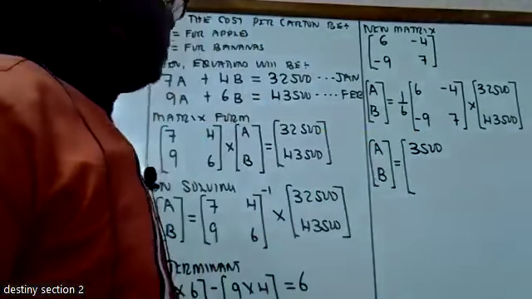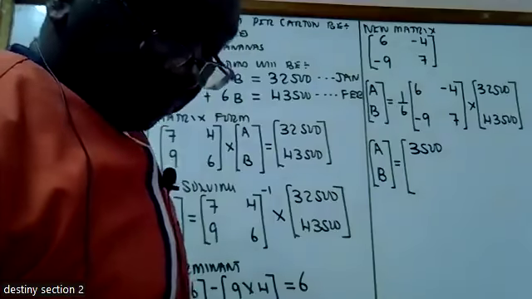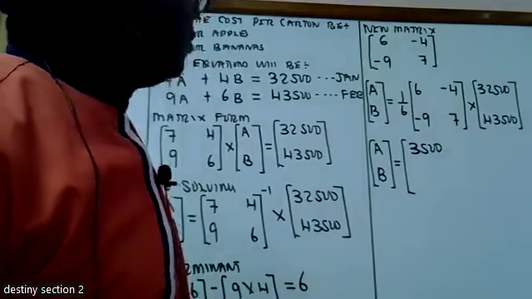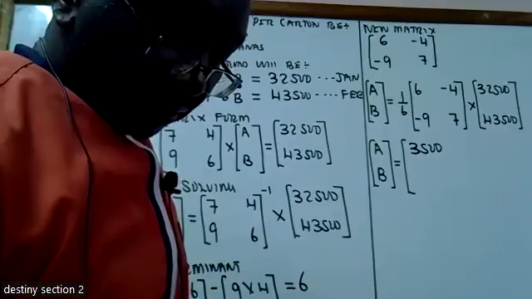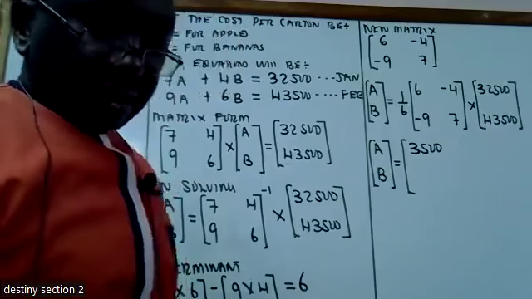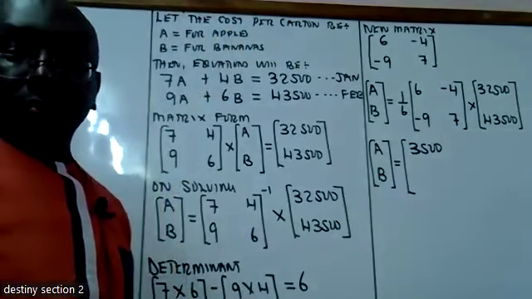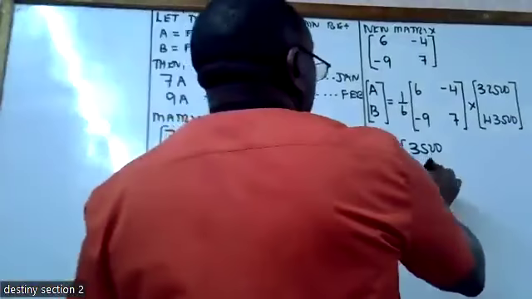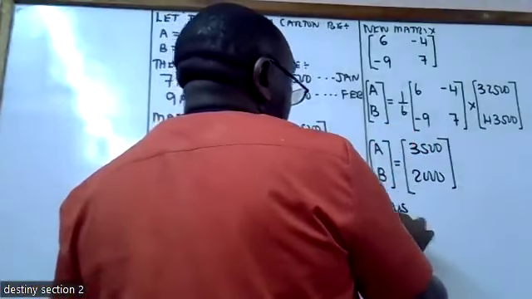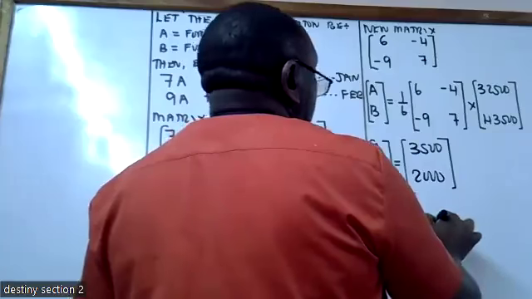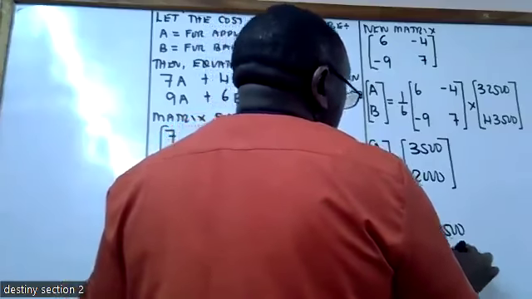Now the other one: minus 9 times 2,500 plus 7 times 43,500 equals. You divide by 6. Send me the answer. 2,000. That's A is Kenya shillings 3,500, and B is Kenya shillings 2,000.